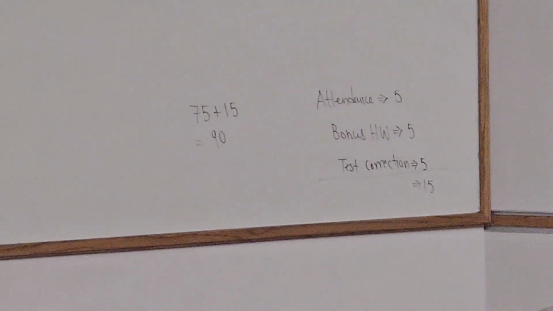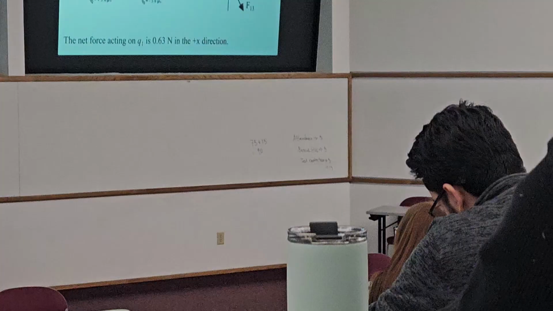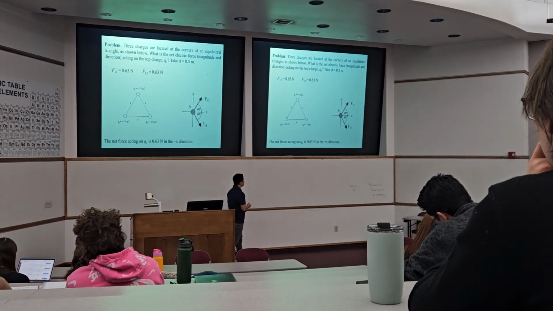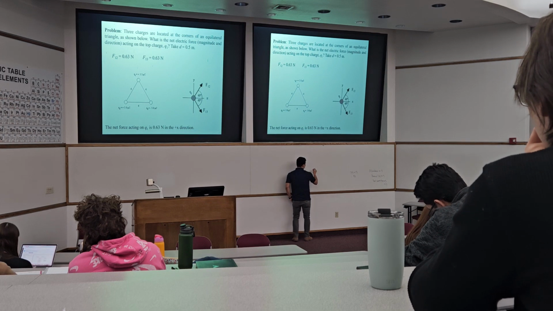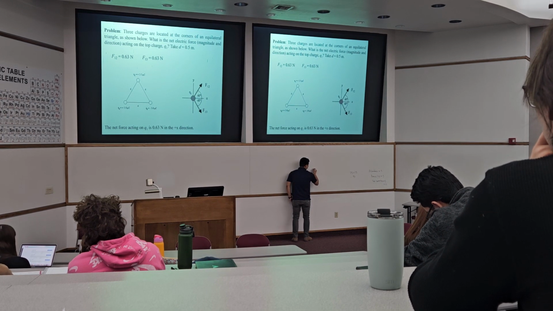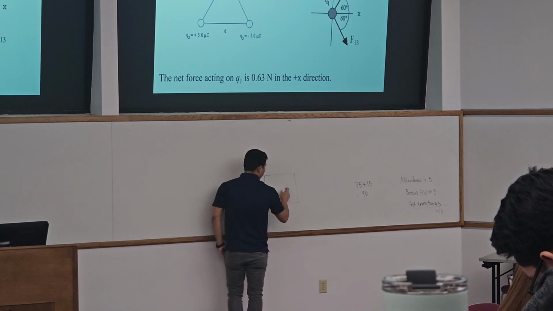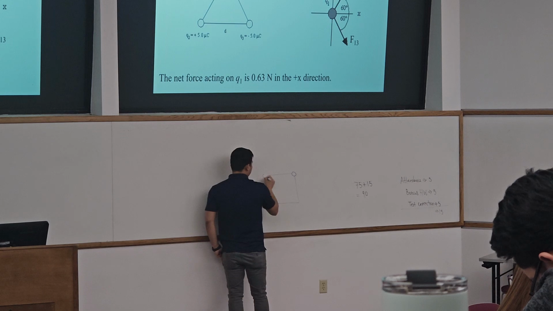There's another problem which is also very interesting. Instead of 4 charges, you have 3 charges. This is a little easier compared to the square because you need to take into account only 3 charges.